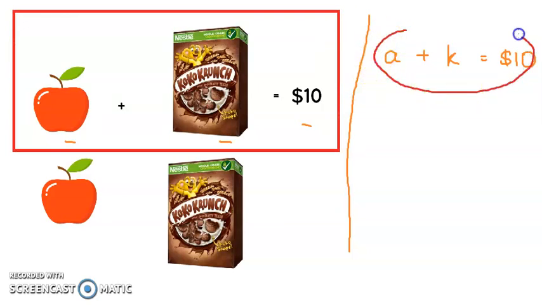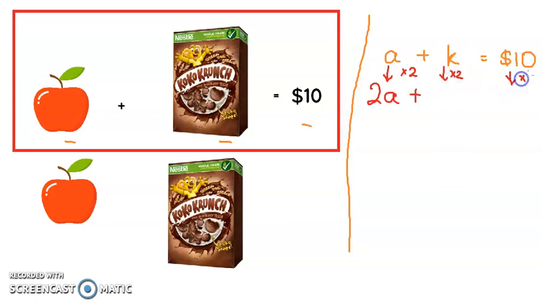This entire equation, you need to multiply by 2. So if I take this equation and I times 2, I will get 2 apples and everything times 2. So 2 Cocoa Crunch, 10 times 2, $20.